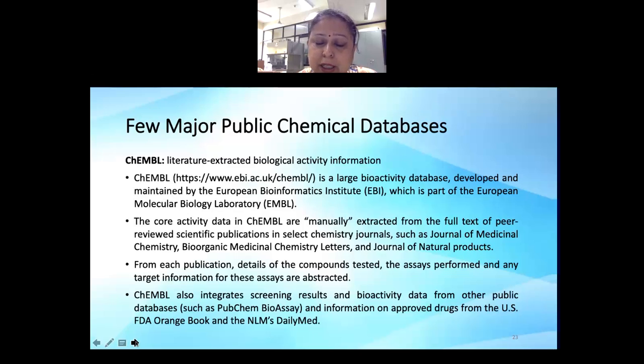From each publication, details of the compounds tested, the assays performed, and any target information for these assays are abstracted. ChEMBL also integrates screening results and bioactivity data from other public databases such as PubChem BioAssay and information on approved drugs from the US FDA Orange Book and the NLM's DailyMed.